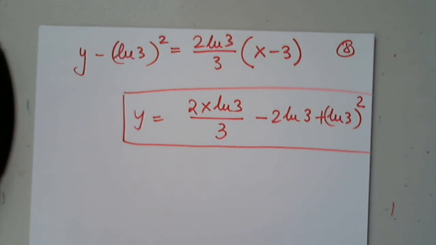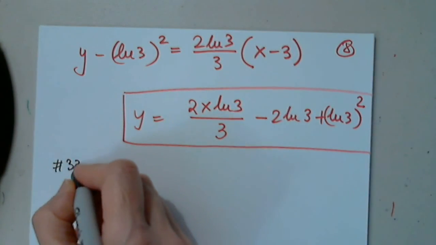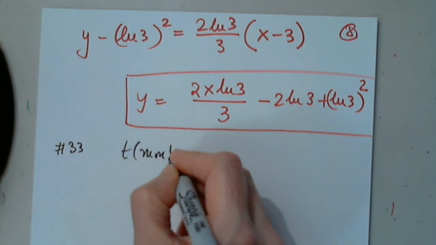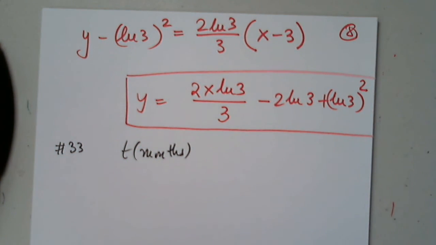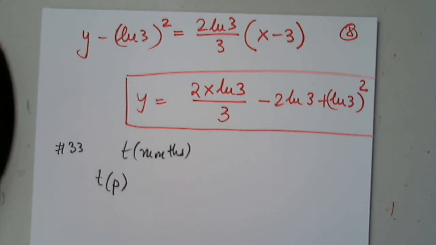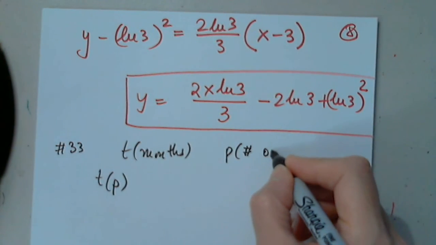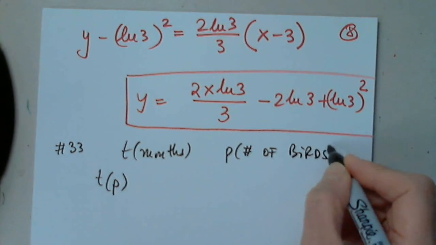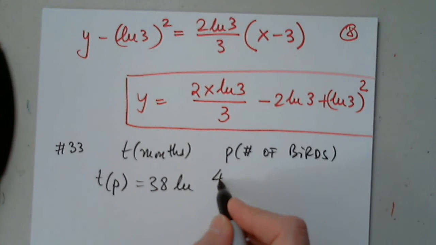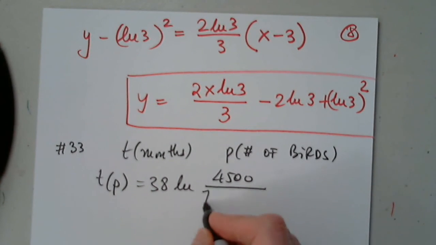Okay, so let's take a look. They're all the same idea. So T is in months. Please take notes. Birds, okay. Individual, okay. T of P. Okay. P is number of birds. Fine. T of P equals 38 natural log of 4,500 over 7,500 minus P. Fine.